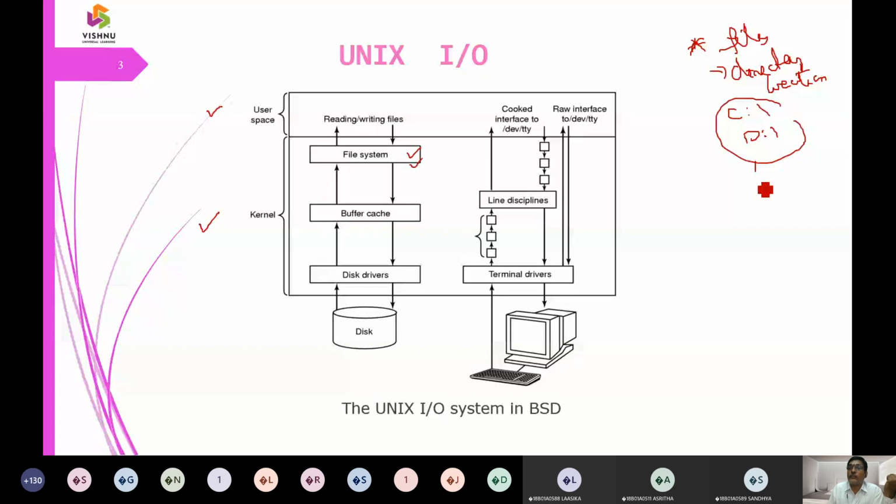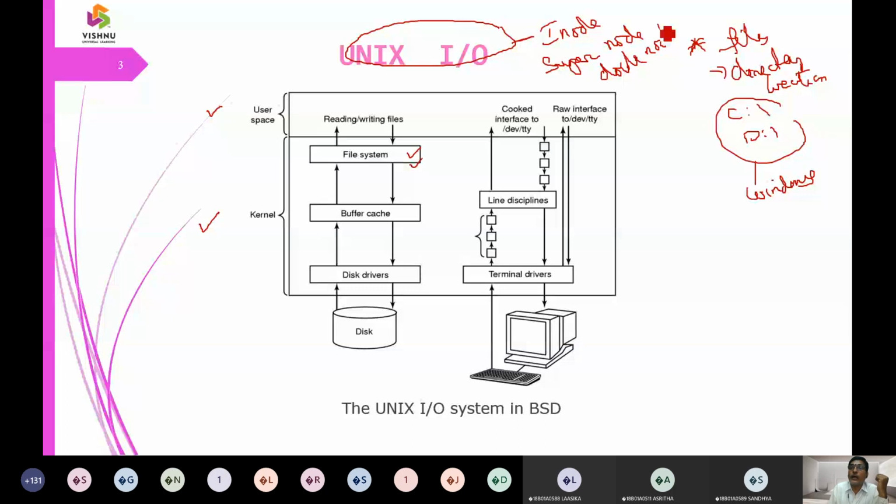That was with Windows. But as far as Unix is concerned, we are going to have an inode structure. We are going to have a single indirect node, a double node, and a triple node.